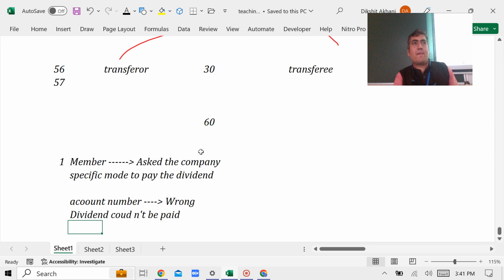My question काफी easy है. You had a specific demand that I don't want check. I want online transfer. This is my bank account. Question clearly says that shareholder gave the wrong bank account number, and because of that company couldn't pay within 30 days. Whether 127 is applicable or not applicable.